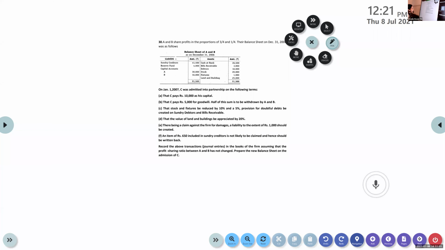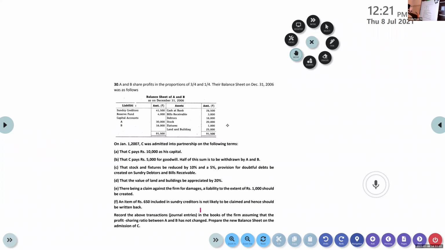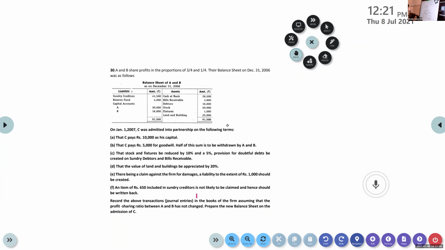Okay, let's see the question number 30. A and B share profits in the proportion 3/4, 1/4. Their balances are given. Balance sheet is there. Cash at bank, bills receivable, debtors, stock, fixtures, land and building on the asset side, creditors, reserve fund, and the capital accounts.